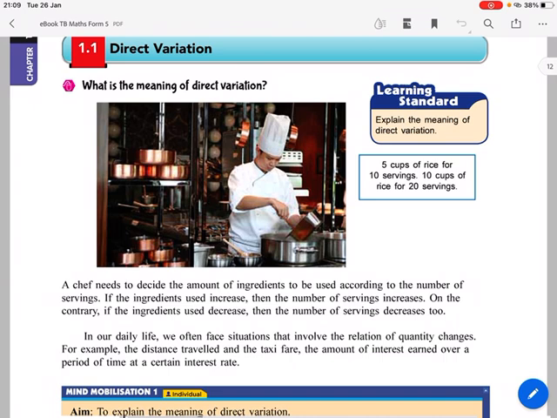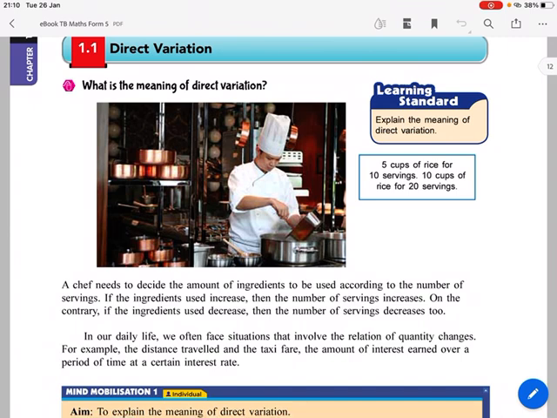In the first subtopic we have the following standards. First is to explain the meaning of direct variation. Let's look at a situation here. A chef needs to decide the amount of ingredients to be used according to the number of servings. If we increase the amount of ingredients used, we get more servings.